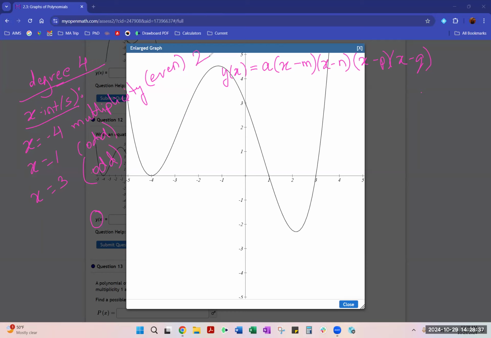And then x equals 1 and x equals 3, which were the other 2 x-intercepts, will have a multiplicity of 1. And, of course, 1 is the odd number, which means they only occur 1 time. So you can see 1 plus 1 plus 2 adds up to 4, right? So those end up becoming our 4 factors.